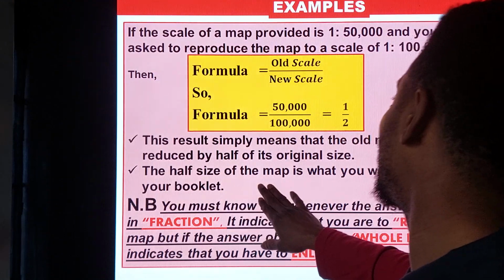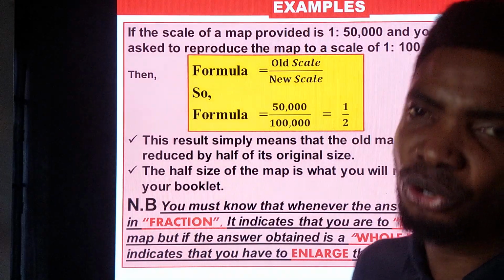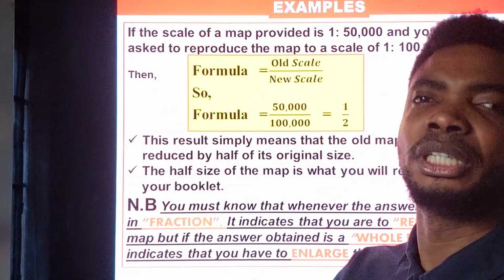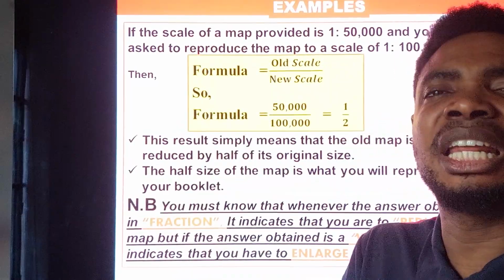The half of the map is what you will reproduce in your booklet as a candidate. In the booklet you are given, the new map you are going to draw will be half of the original size.